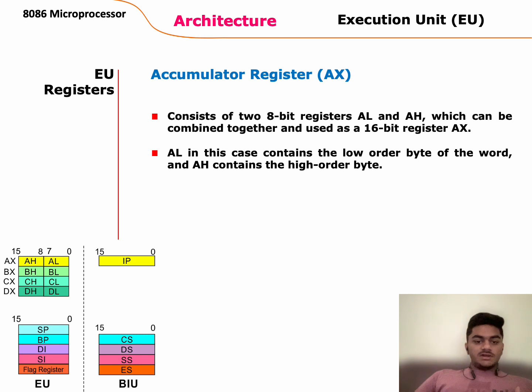A lower contains the low order byte of the word, and A higher is the high order byte. In the examination, whenever we write about the execution unit registers AX, BX, CX, and DX, we have one common point in every register, like the accumulator register. The accumulator register has two registers, A higher and A lower. Both registers are 8 bit each.